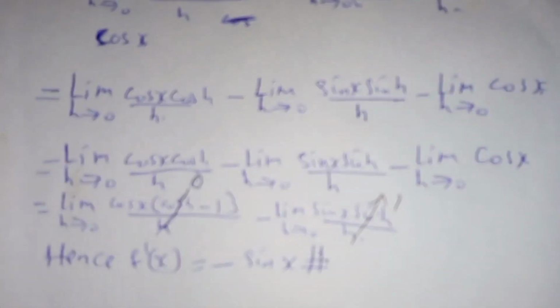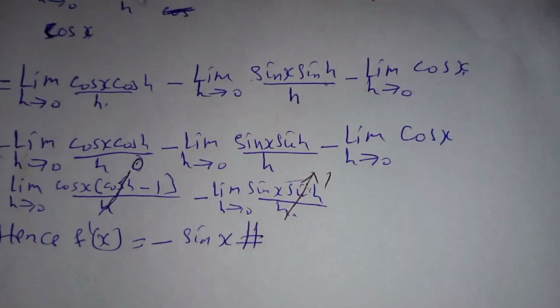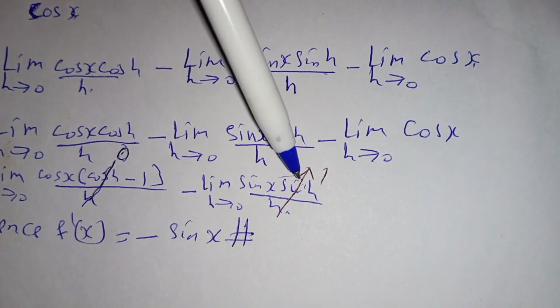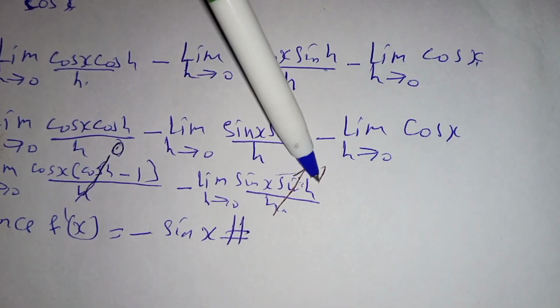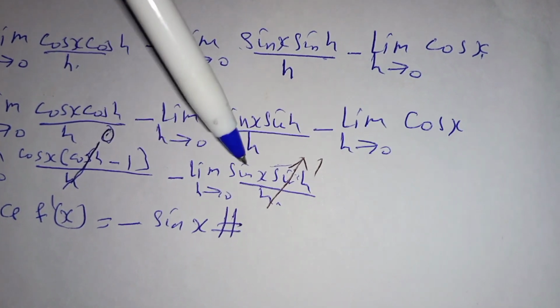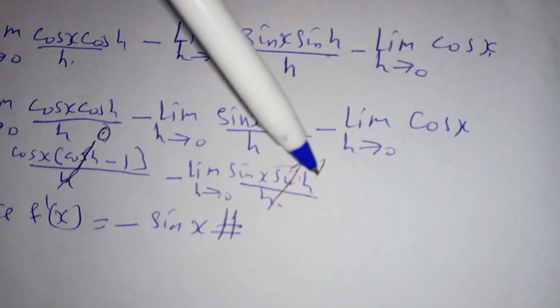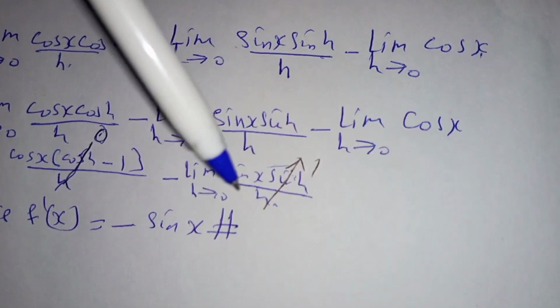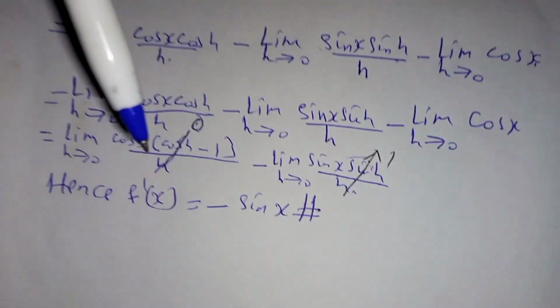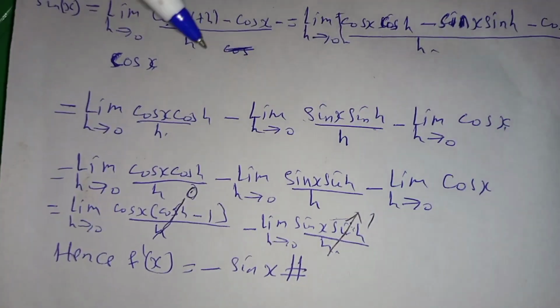The final part here, limit as h tends to 0 of sin x sin h over h will tend to 1. So negative 1 times sin x times 1 will give us negative of sin x. Hence, that is the derivative.